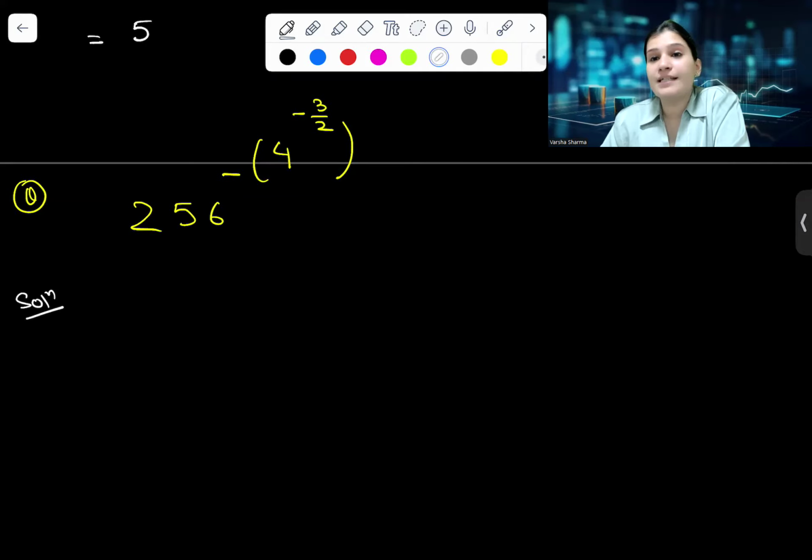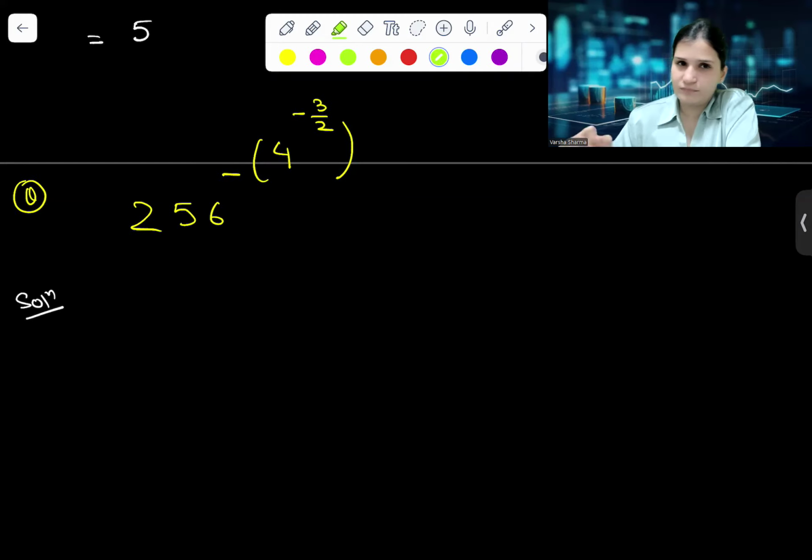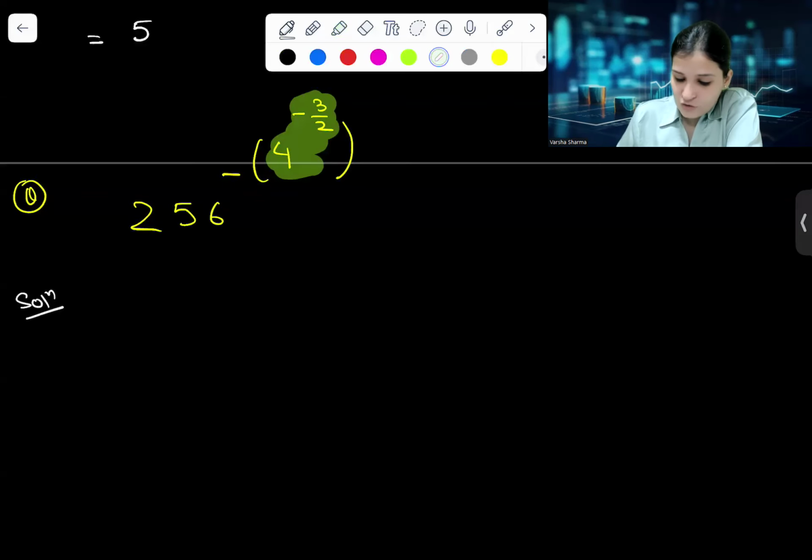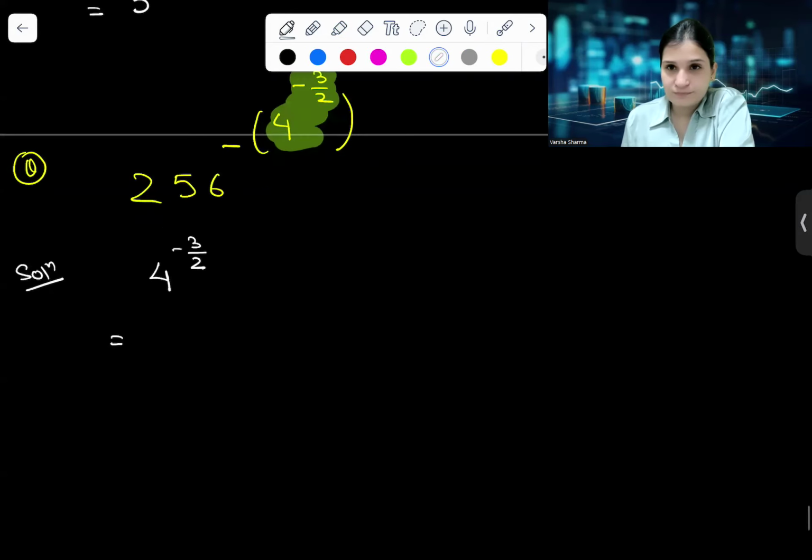So what do we do in such a scenario? Multiply the first and second floor. No, not multiply, solve. Solve them first. So when I'm going to start my simplification, I'll first solve this. Get the answer here.